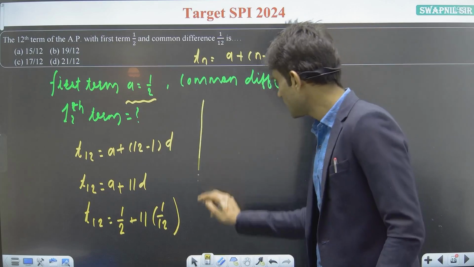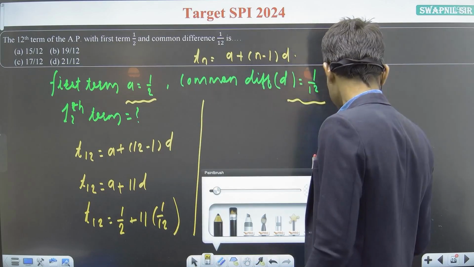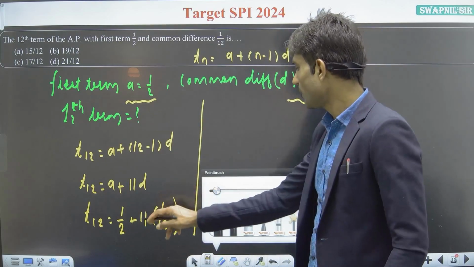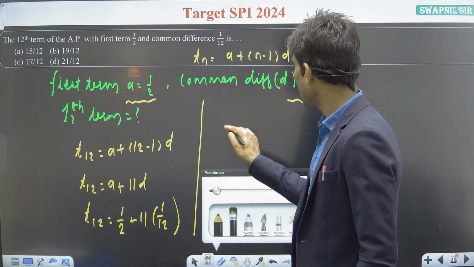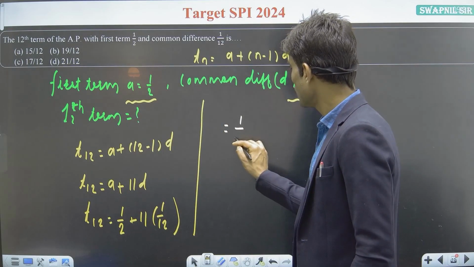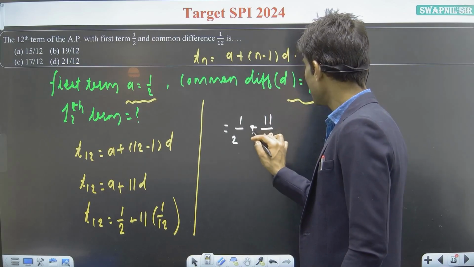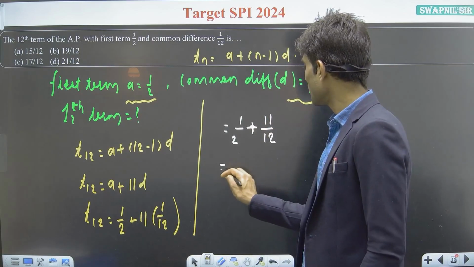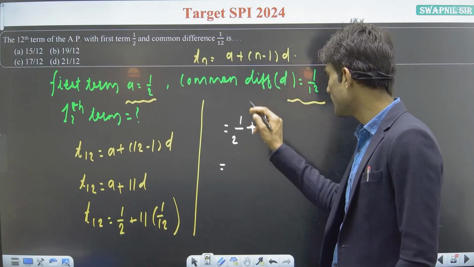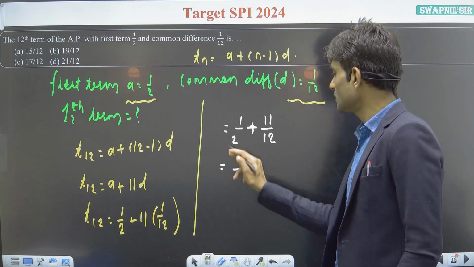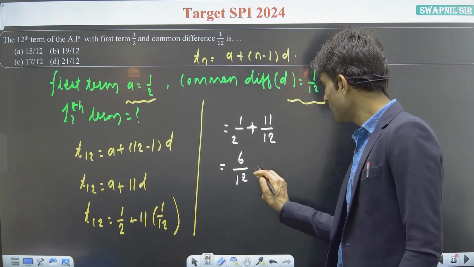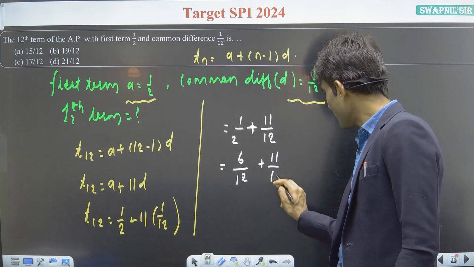Now let's go for the calculations. 1 by 2 plus 11 by 12. Make the denominators the same for ease of calculation: multiply 6 to the numerator and the denominator, giving 6 by 12 plus 11 by 12.